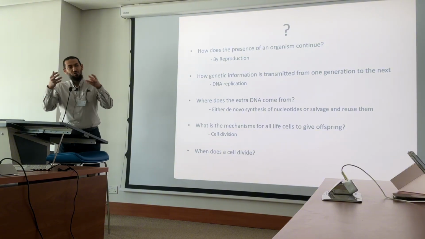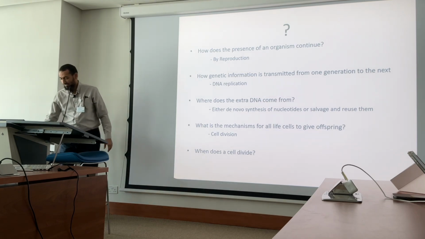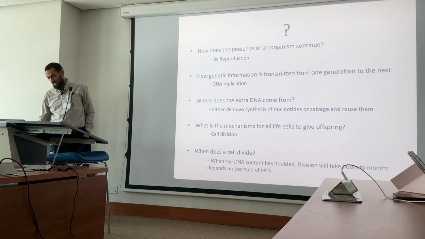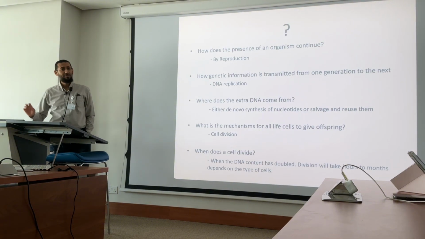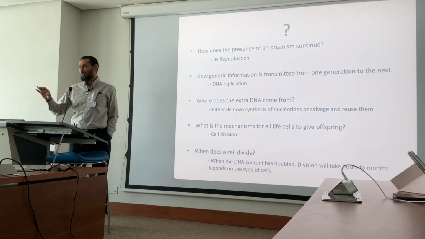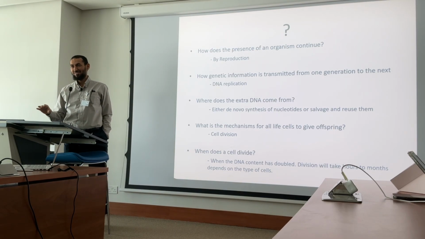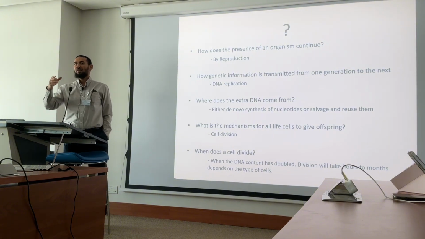When all the material in this cell is doubled. Okay. When the DNA content has doubled, division will take place. Of course, the division will depend on the type of cells. Some cells will just stop in the G1 stage. You have been through the cell cycle with Dr. Hassan. So like neurons, they stop.